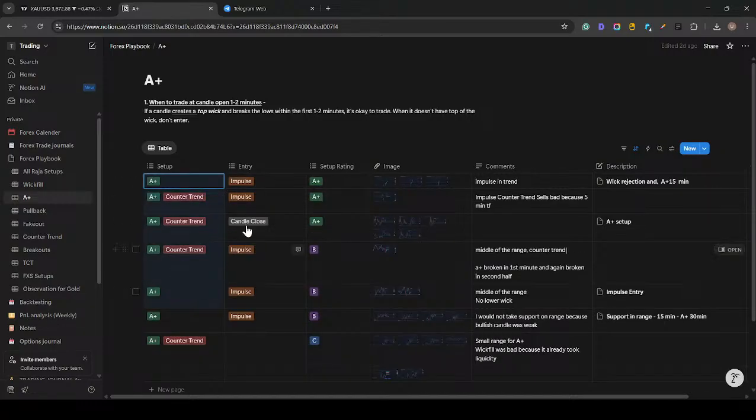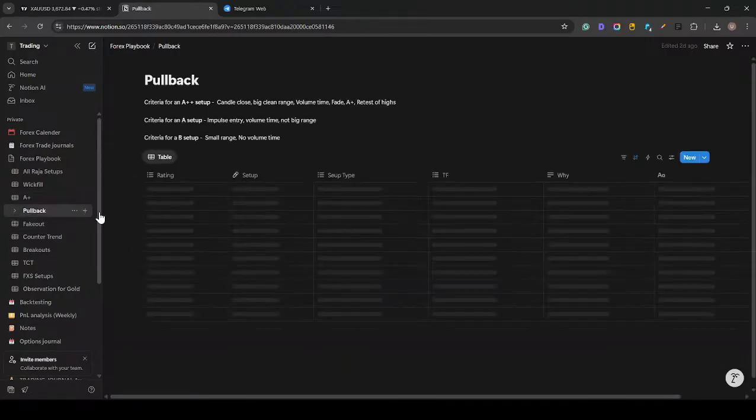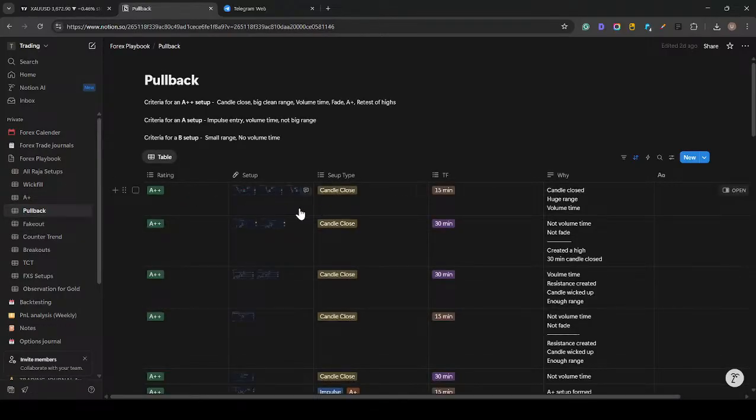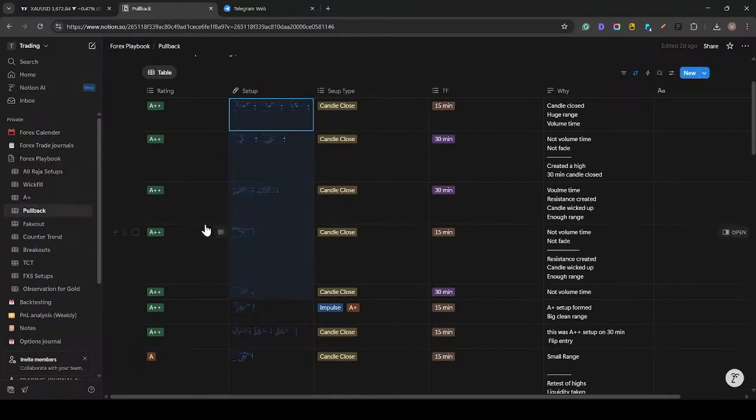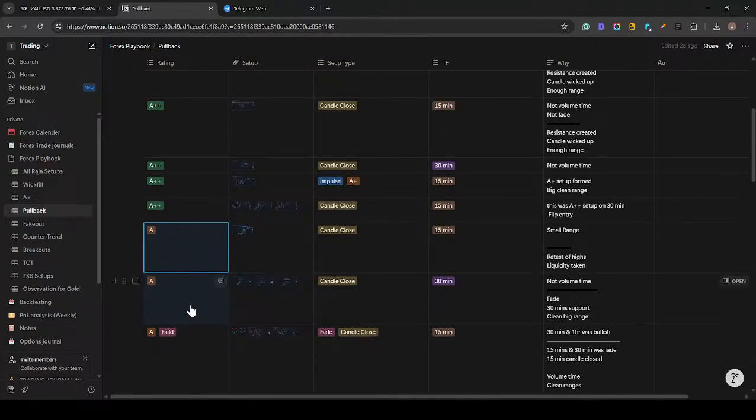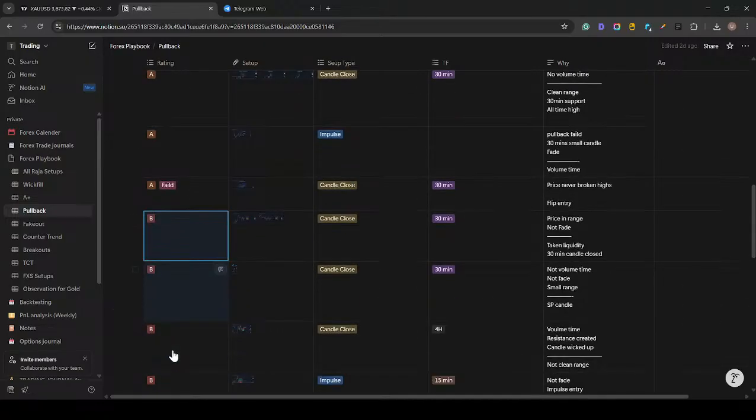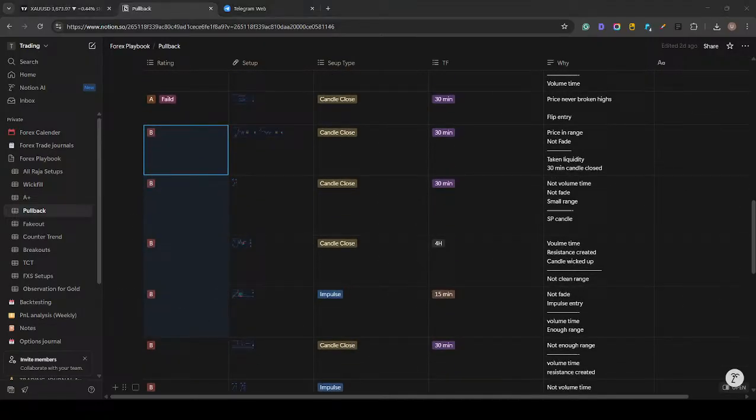Setup rating, it's an A plus setup. How the A plus setup looks like: impulse, candle close, impulse in trend, pullback. What is an A plus pullback setup? What is an A pullback setup? What is a B pullback setup? I have collected all the data.